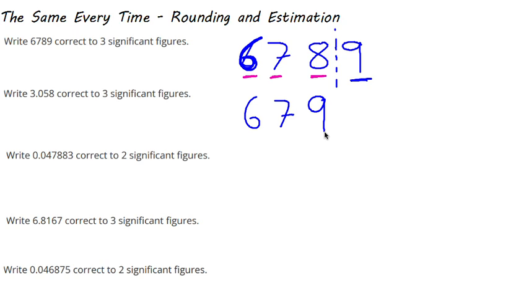So the rounded number should be about the same size, and what we need to do is just fill in the gap there with a 0. So I've got my 3 significant figures, the 6, the 7 and the 9, but I have to fill up as far as the end of the number, if it's a whole number, or as far as the decimal point with zeros, 6,790.